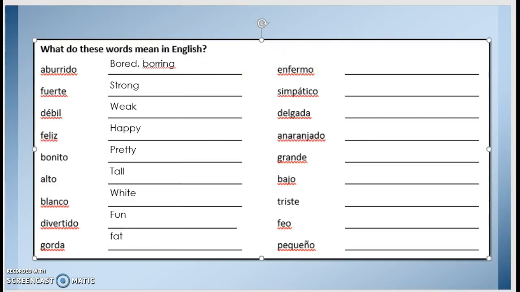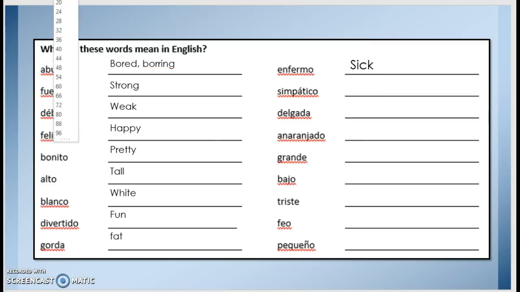All right, and for the other side, we have enfermo, which means sick. Let me make this a little smaller so it fits better. Okay, simpático means nice.